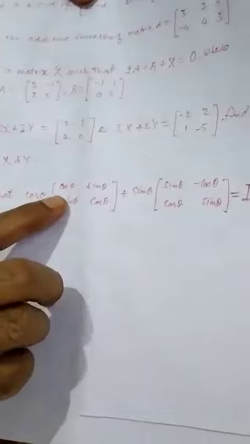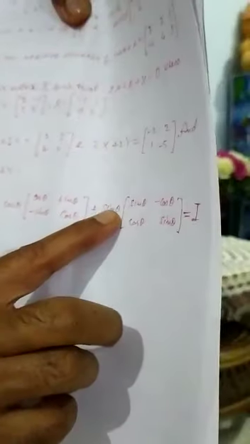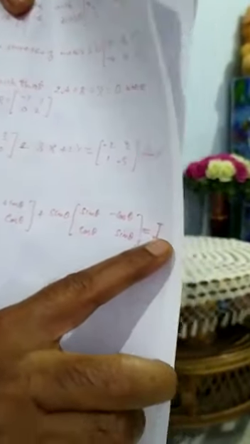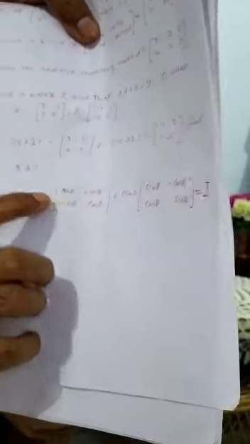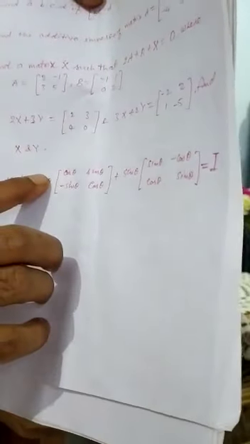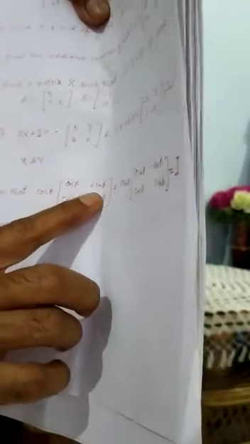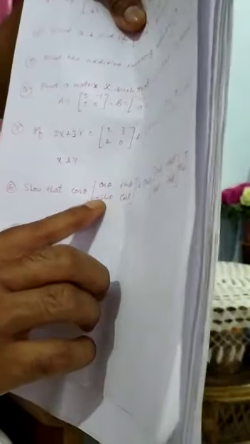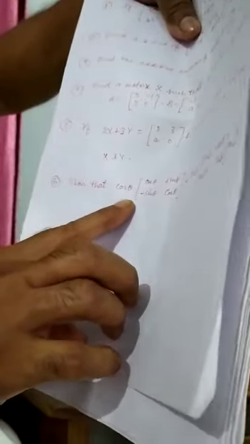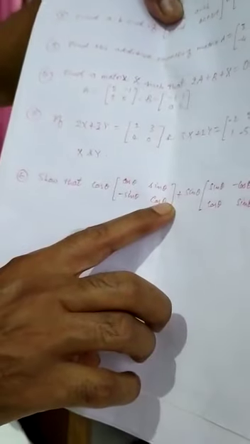And this is number 6: show that cos theta times this matrix plus sin theta times this matrix is equal to I, where I means the identity matrix. We first multiply cos theta into the first matrix, which gives cos square theta, sin theta cos theta, minus sin theta cos theta, and cos square theta.